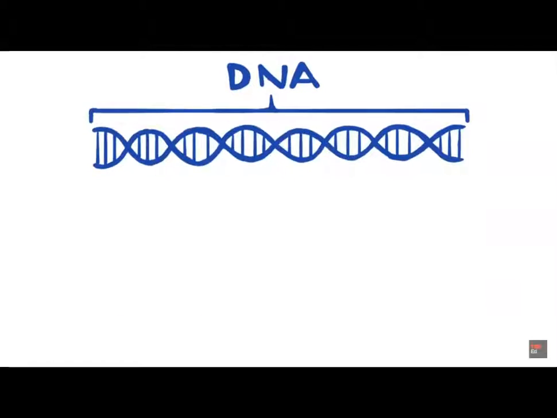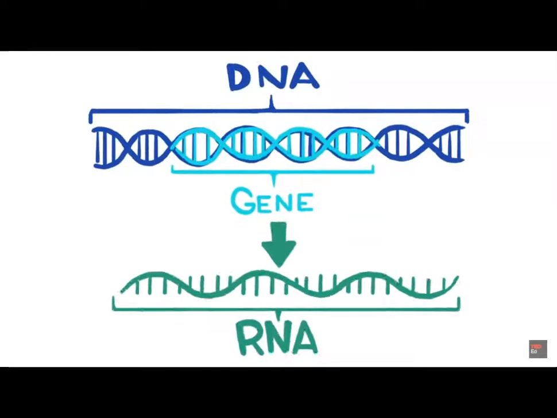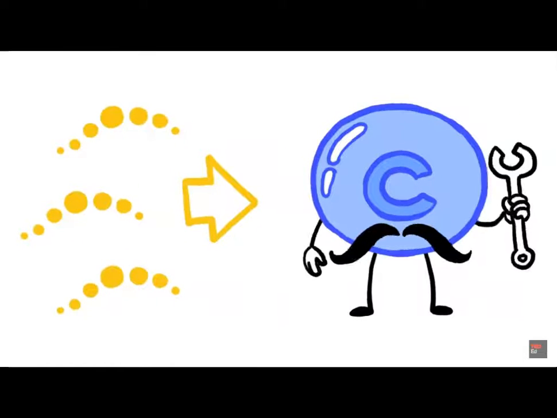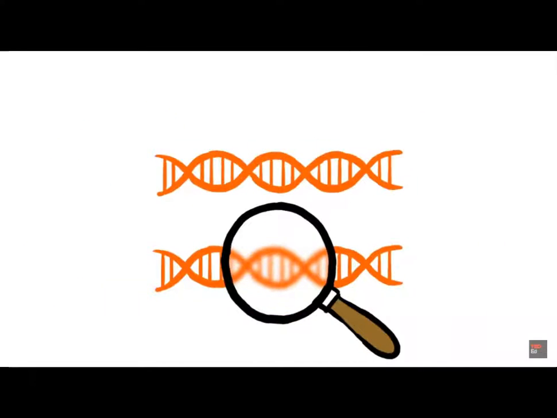Genes in DNA are expressed when they're read and transcribed into RNA, which is translated into proteins by structures called ribosomes. And proteins are much of what determines a cell's characteristics and function. Epigenetic changes can boost or interfere with the transcription of specific genes.